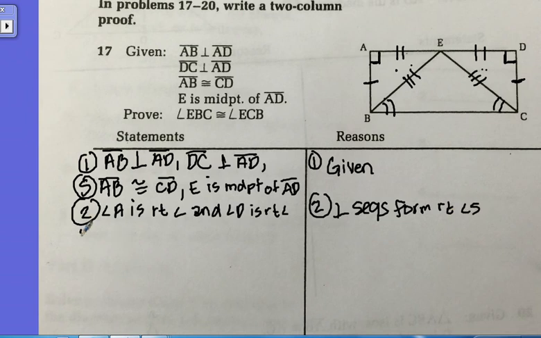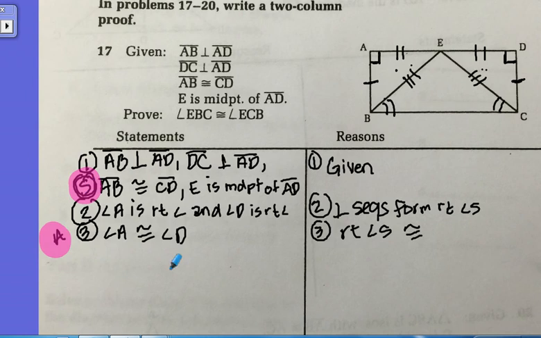Moving on. We are now going to have to state, of course, that they are congruent. So angle A congruent to angle D. Right angles congruent. After that, that gives us an angle. So we're up to side and angle.